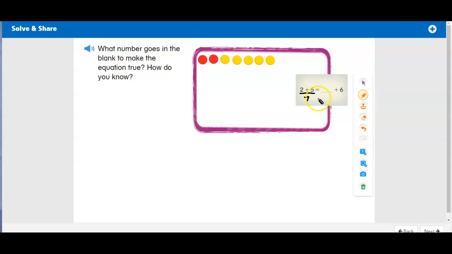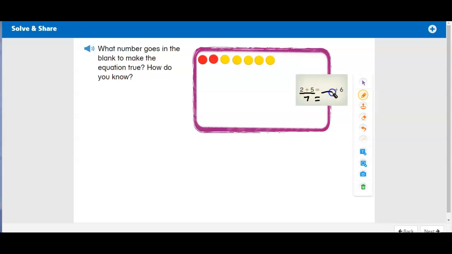For this to be a true equation, whatever number we add to 6 would have to equal 7, because a true equation is when both answers are the same on either side of the equal sign.